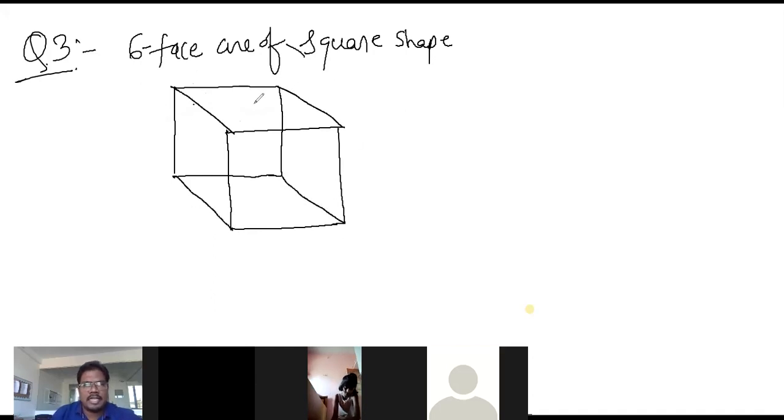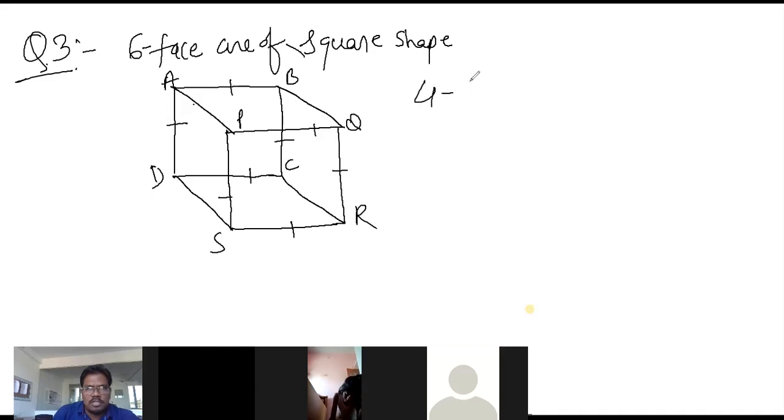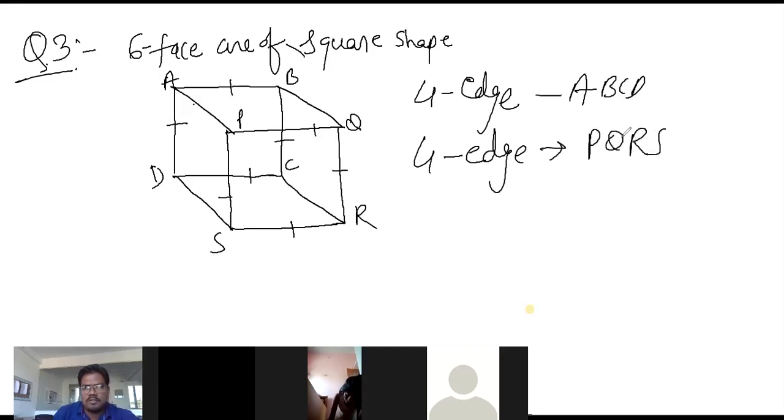Now look at how many sides I have drawn here. 4 sides of this square, A, B, C, D, and 4 sides of this square, P, Q, R, S. So the total up to here is 8 edges.